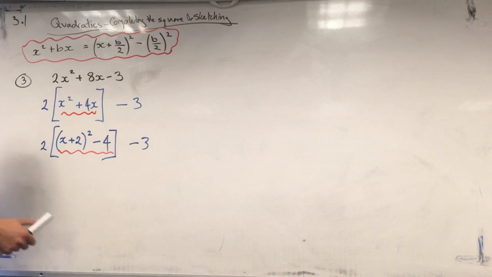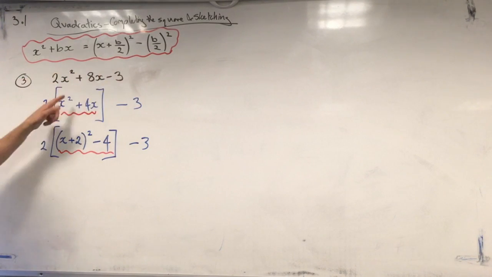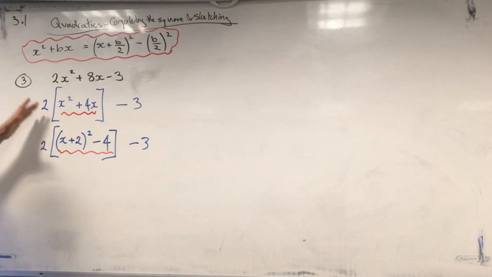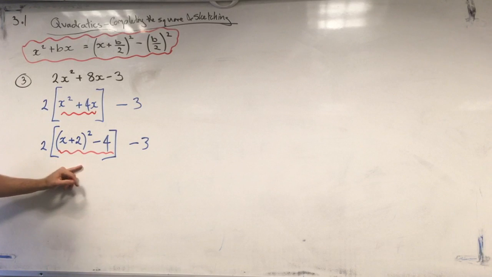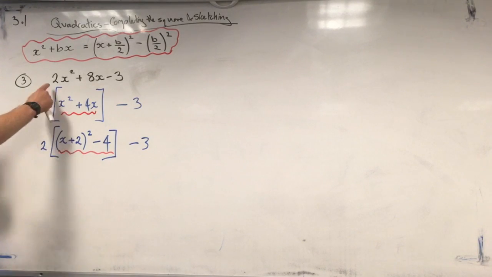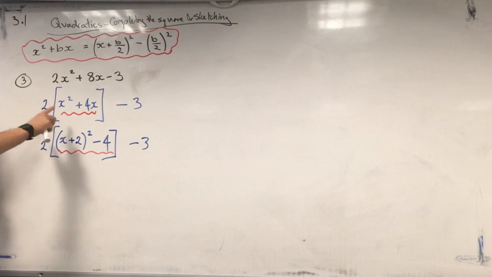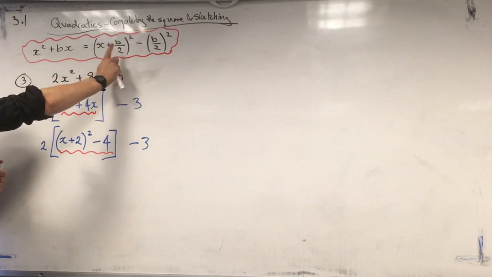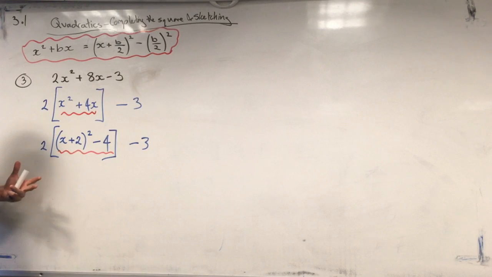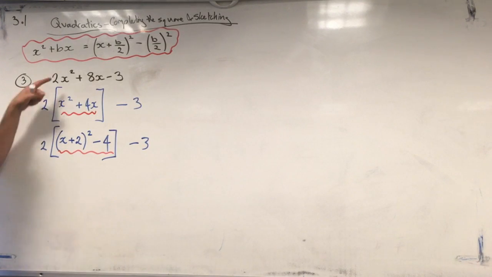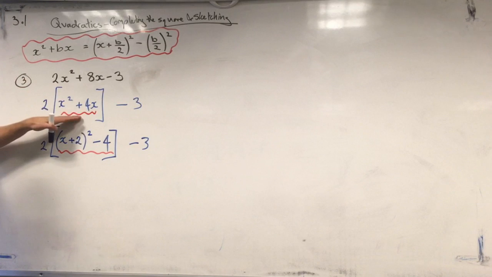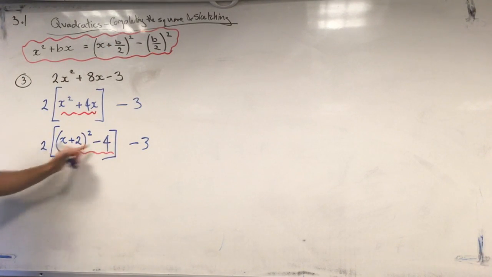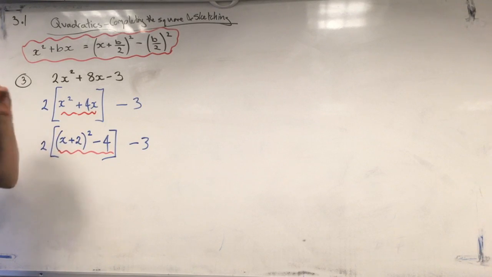And a common mistake is because we're dividing by 2 and because we divided by 2 at the beginning as well, because there's a factor of 2, it's really easy to forget to divide by 2 that second time. So the first time we were just taking out a factor of 2. The second time we were completing the square on this and dividing by 2 because that's what's in our complete square equation. So just be careful with that. If you're taking out a factor of 2, you still need to go through the full process of completing the square in order to do things correctly.